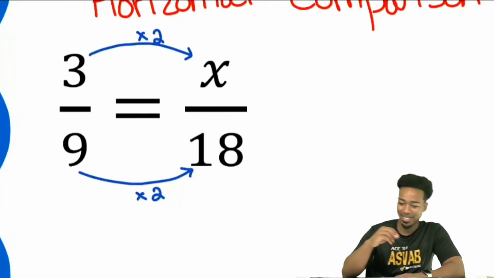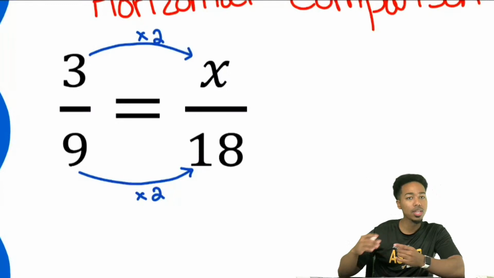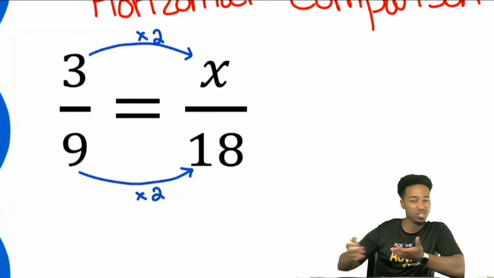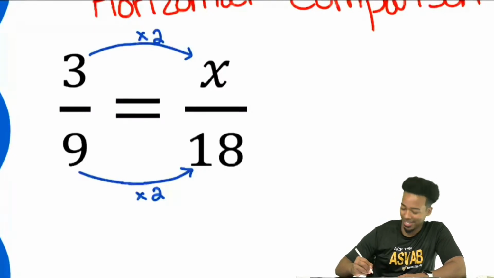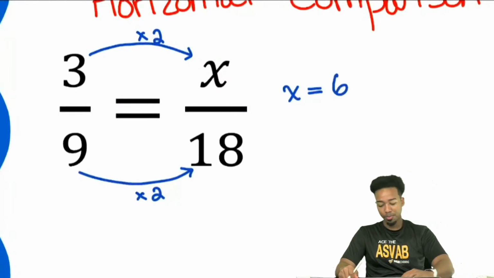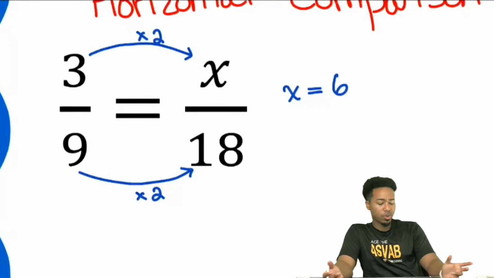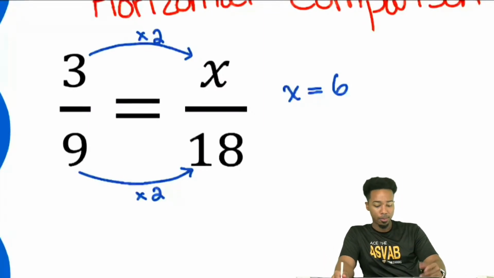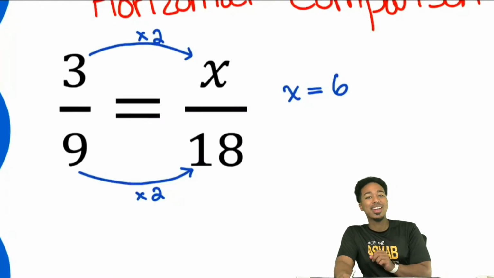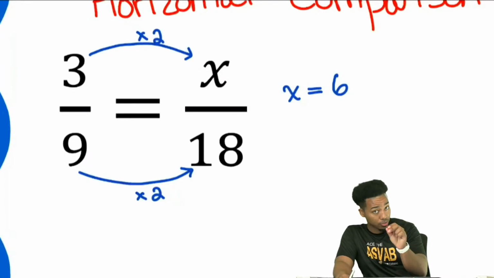And so again, just another way that you can see how much fluidity, how much creativity you can use when it comes to solving a proportion. X equals 6. And so again, it works with division as well. If you wanted to go backwards, or if you saw that there was a potential for division, you could still do that. But let's go ahead now and show you horizontal simplification.